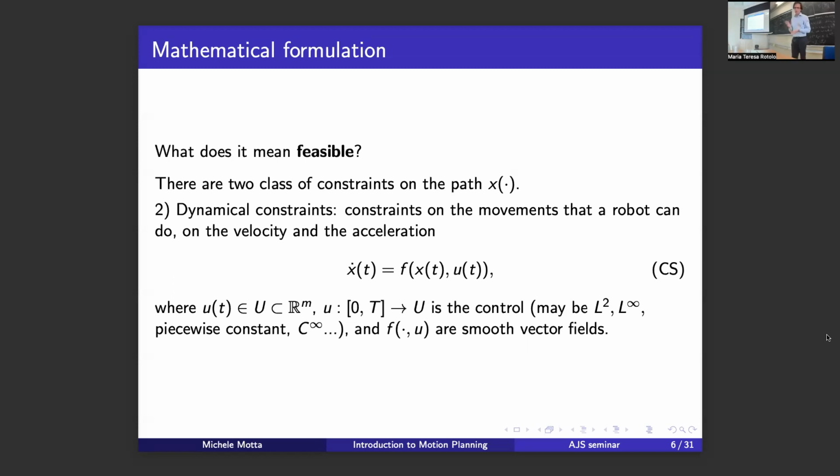Depending on the problem, this function can be either L2 or L infinity, or can have some other prescribed regularity. So for each choice of u in this set U, f is a smooth vector field.